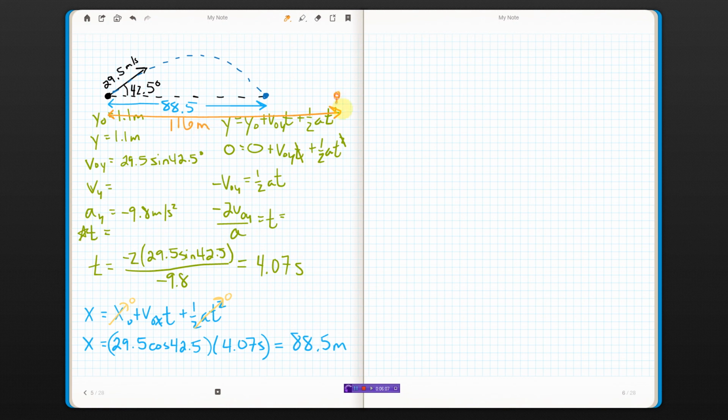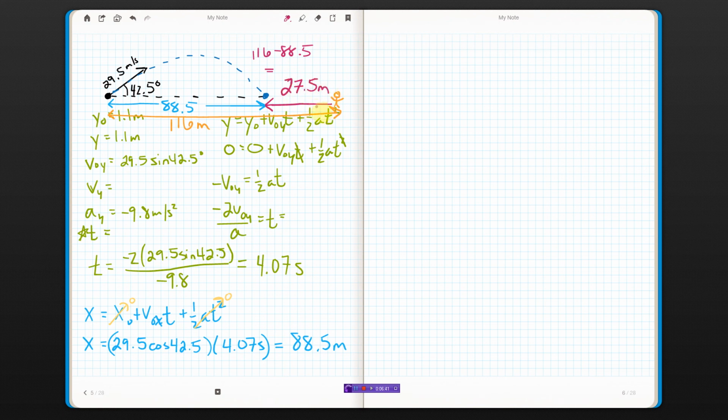He needs to catch this ball. It's way over there, so he's got to run back this way. 116 minus 88.5 meters is 27.5 meters.